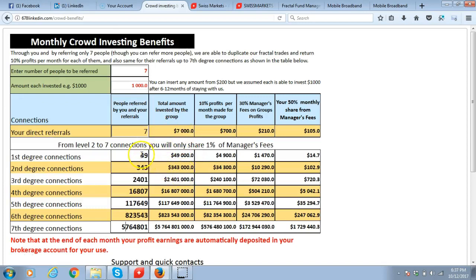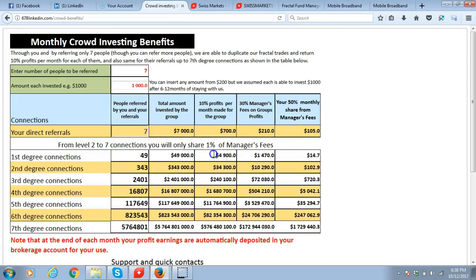So let's take the first level, 49 people, because this is very clear to understand. You introduce 7 people, the same 7 people introduce 7 people, this would be 49. And each of them, assuming they contributed $1,000, you will have 49,000 as group contribution.